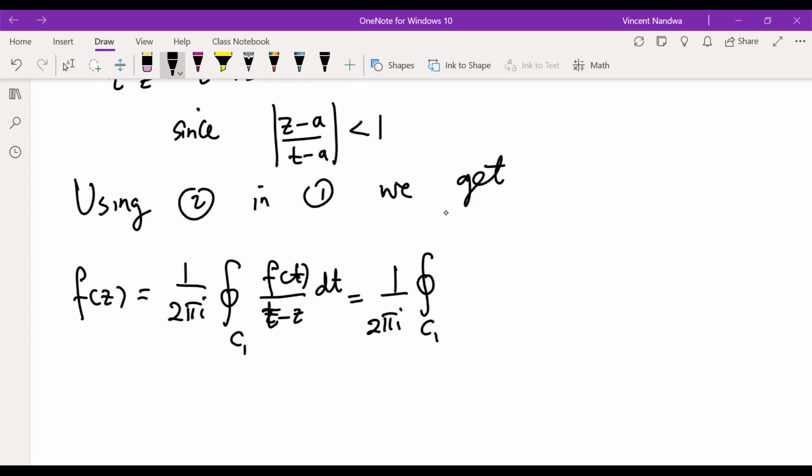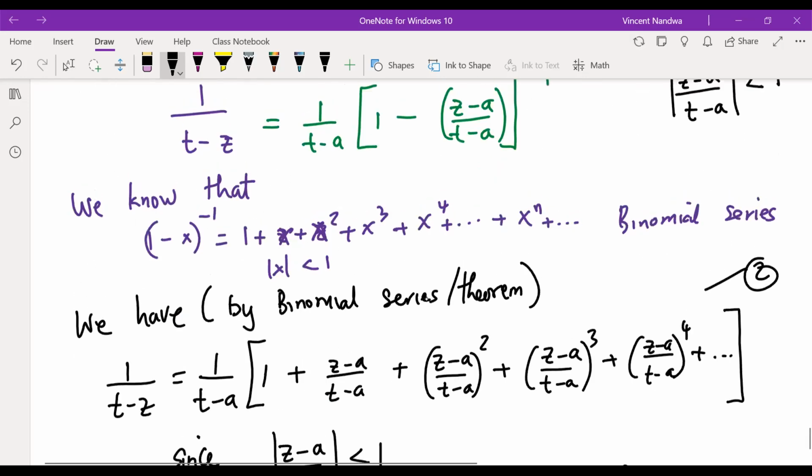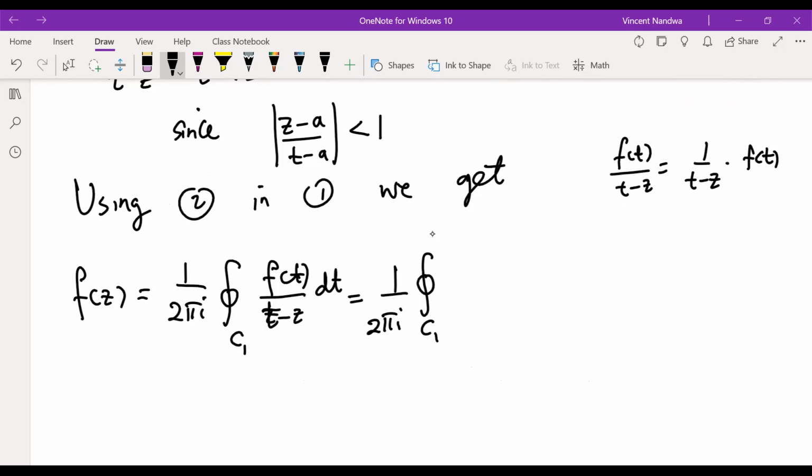Remember this part: f of t over (t minus z) can be written as 1 over (t minus z) times f of t. So instead of writing 1 over (t minus z), I write what I have in 2.